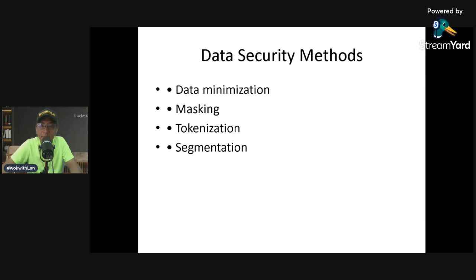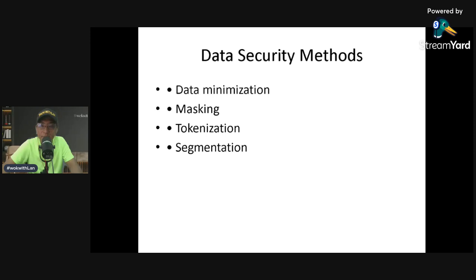The second one is data masking. So they should be able to hide sensitive parts. Here in the Philippines, GCash hides the full name, the account number, even the money on the investment and the money on that particular savings.